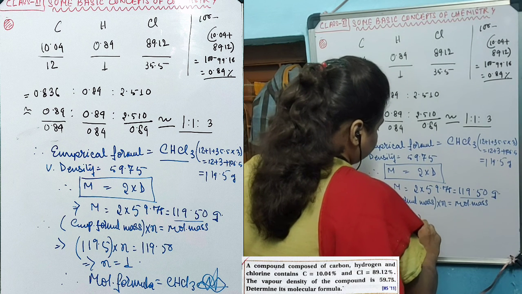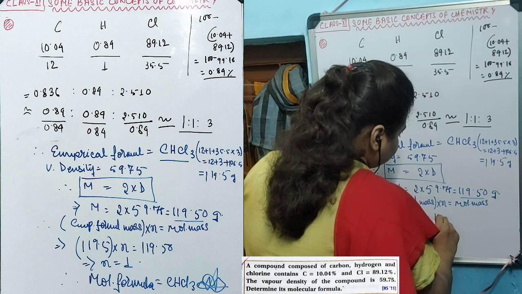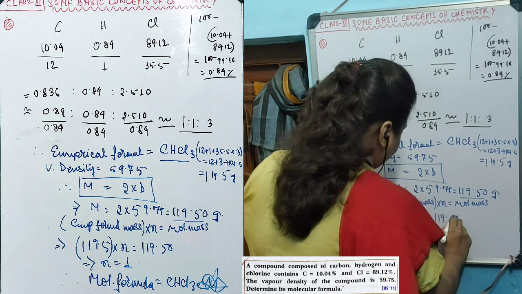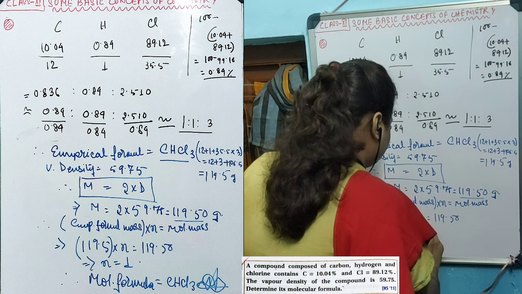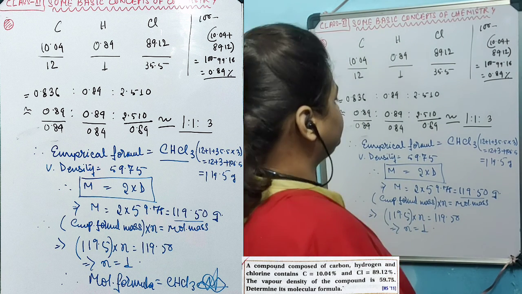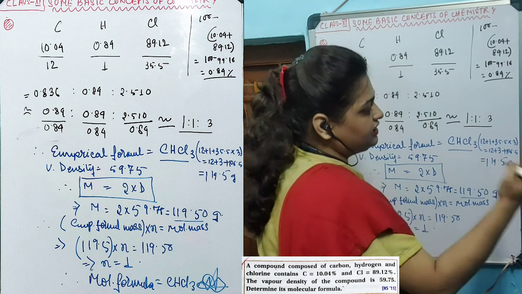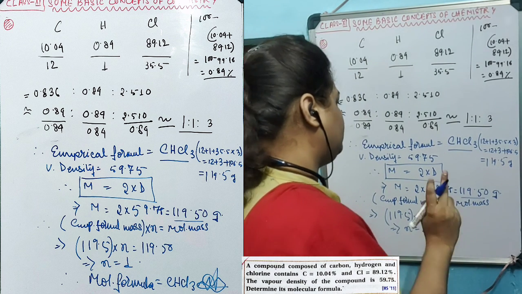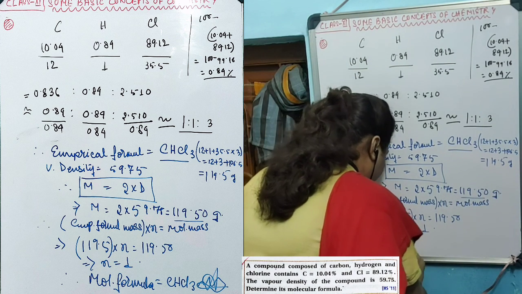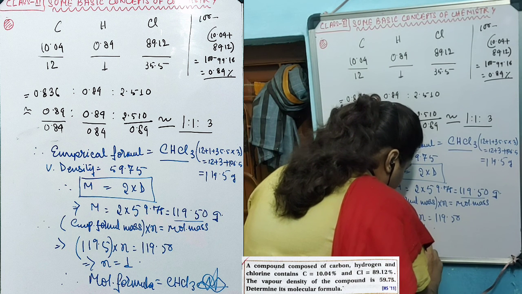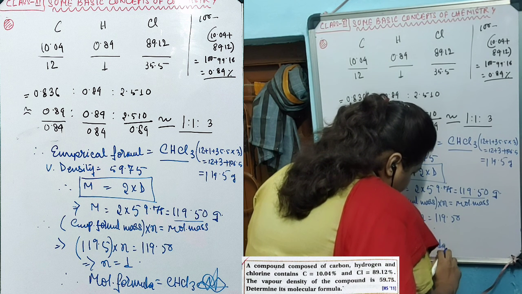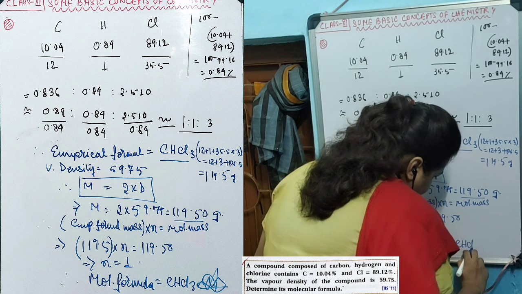Empirical formula mass multiplied by n equals the molecular mass, 119.5. Therefore, n equals 1. That is, when the empirical formula is multiplied by 1, it gives the molecular formula. Therefore, the molecular formula equals CHCl3 itself.